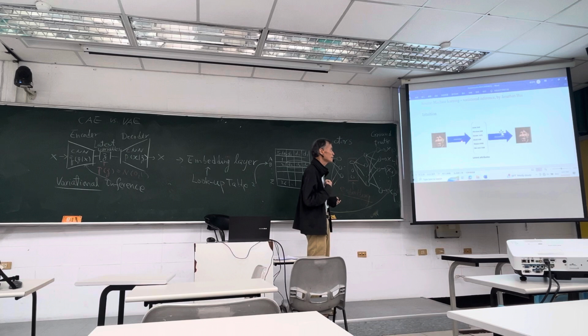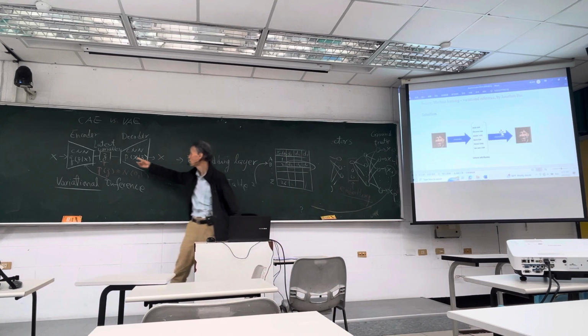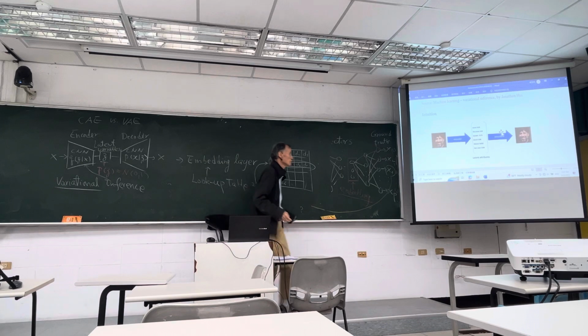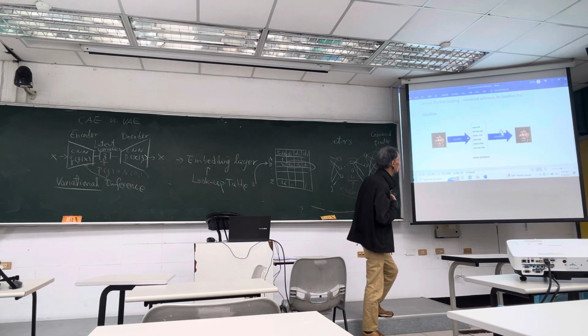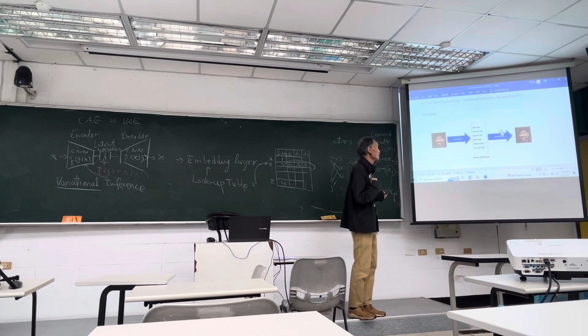Now the idea of the so-called latent variable here. For this case, this feature might represent the degree of smile, the skin tone, the gender, male or female, with beard or without beard, whether the person wears glasses or not, or the hair color.